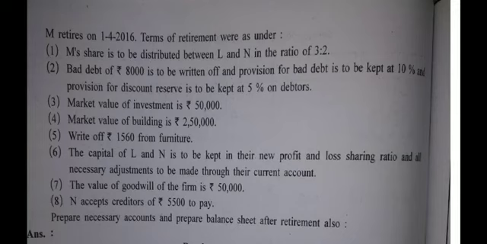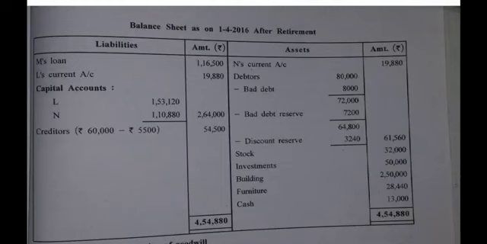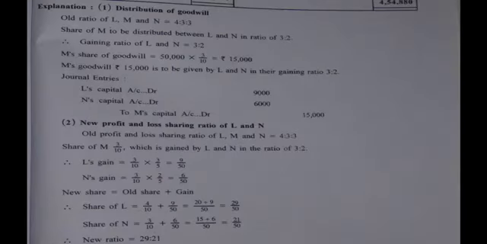Let us come to the working notes for this that you have in the sum. It is given on page number 245 of your textbook, if you want to see, and you can also pay attention to the screen.